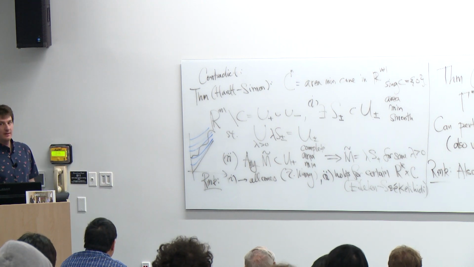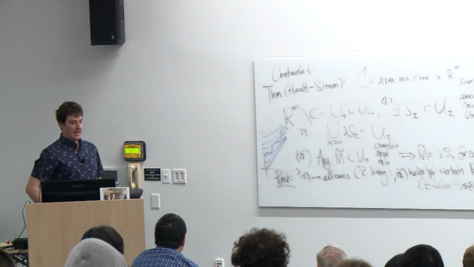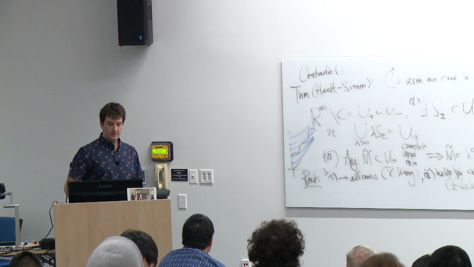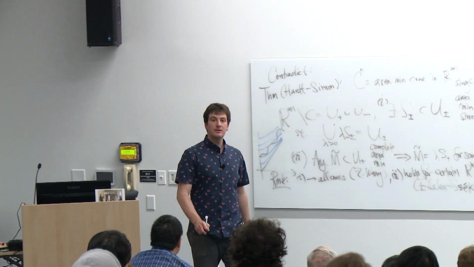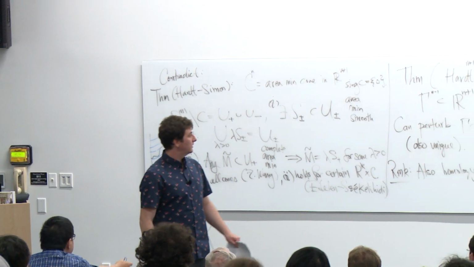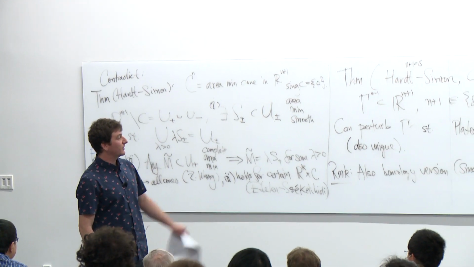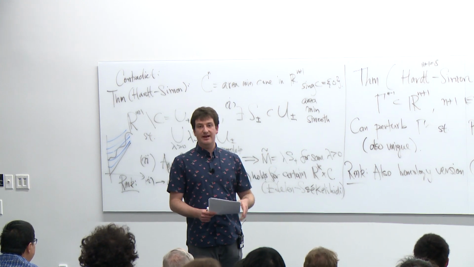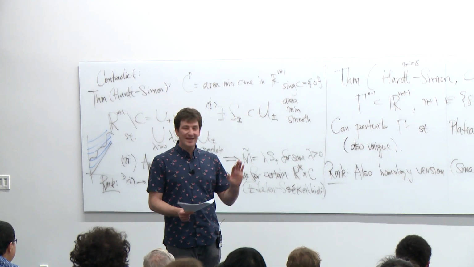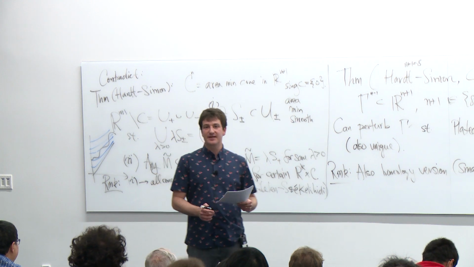Are there any questions now? Yeah. For gamma, you don't need any sort of assumption, you just need it to be an embedded hypersurface. But it's better to assume, just in your mind, to think of it as connected.